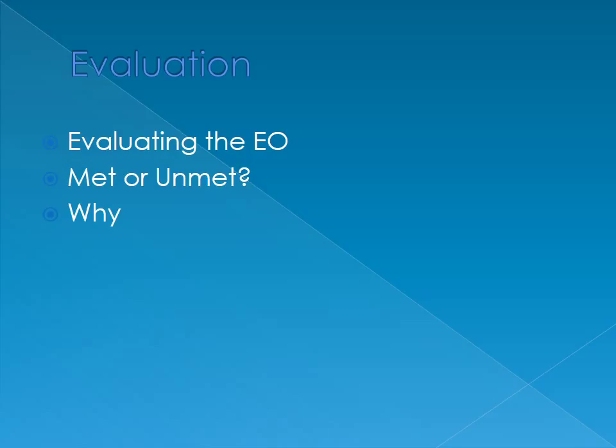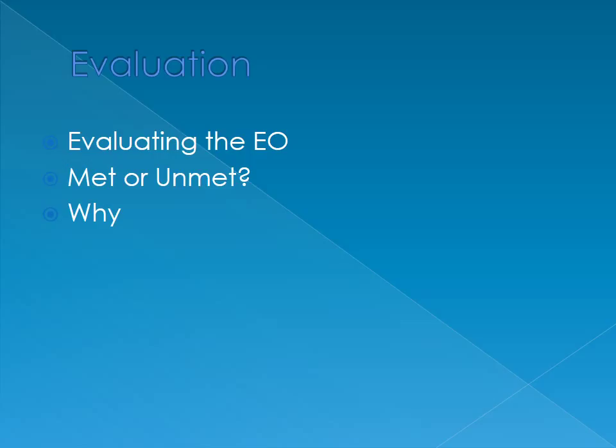But if it is unmet, you need to clearly say why. In fact, I kind of like when you say why with the met as well. You can just say met and pain, patient's pain 2 out of 10, or unmet, patient's pain level 5. But then I want to know, why didn't it get met? Was there the NIs that I put in place, were they not appropriate to help, or was it not realistic, or do I need to wait more time?